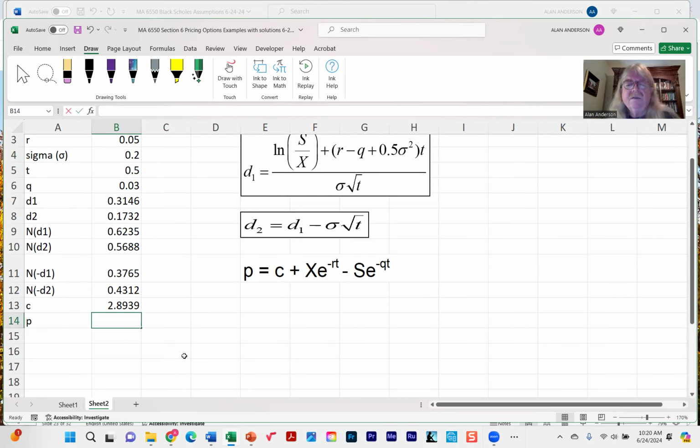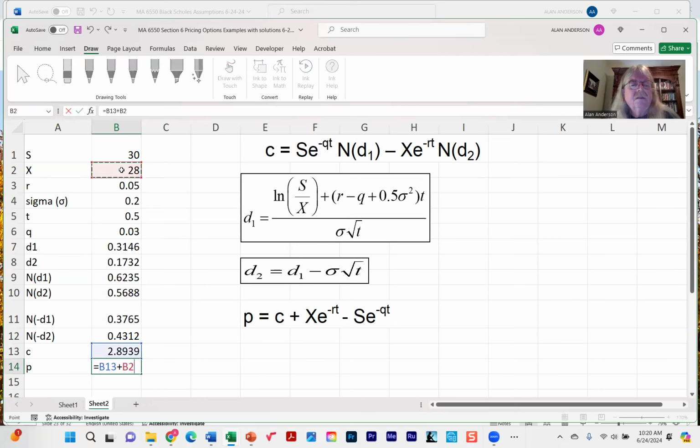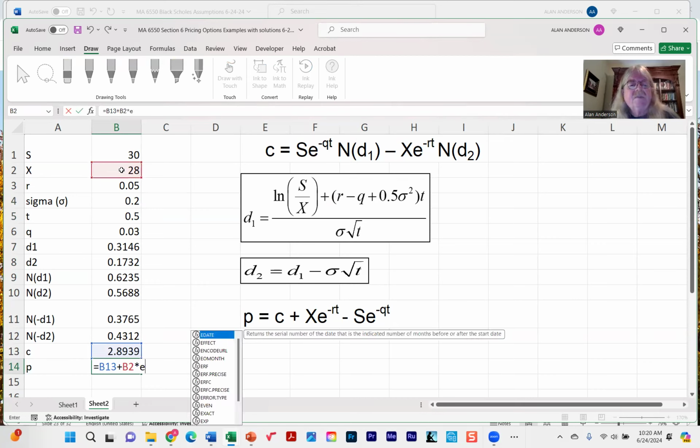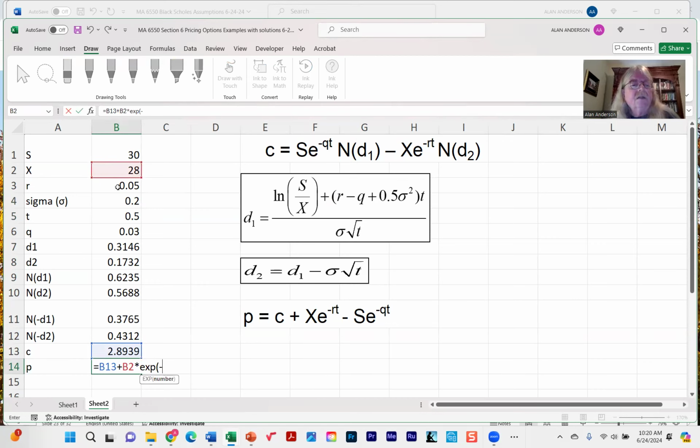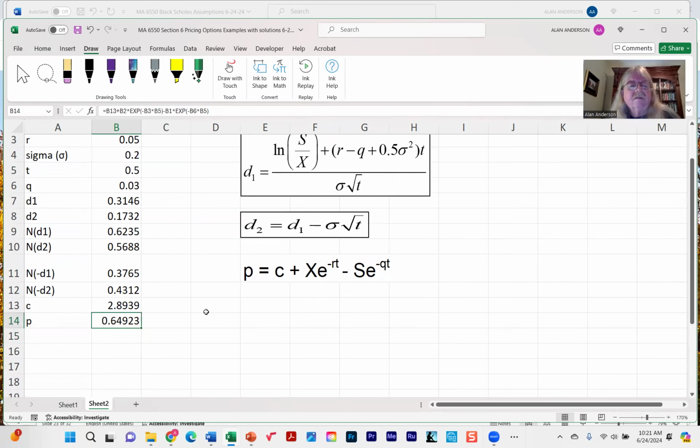Now, for the put, we can use this put-call parity condition with the call price plus X times, again, EXP minus R times T, minus S times EXP minus Q times T. Oh, I think I must have done something wrong.